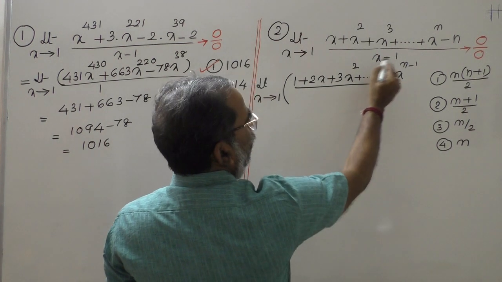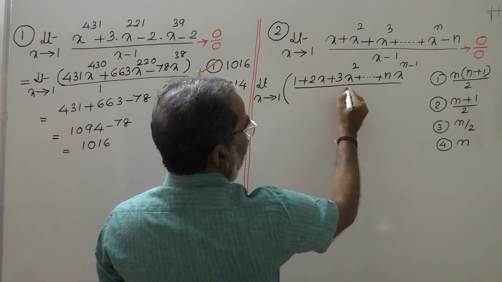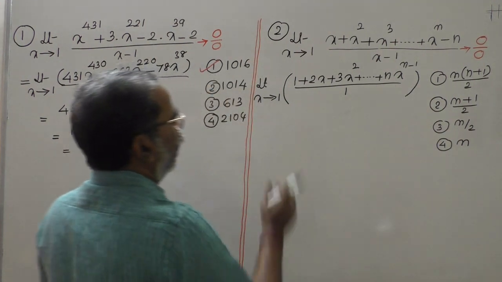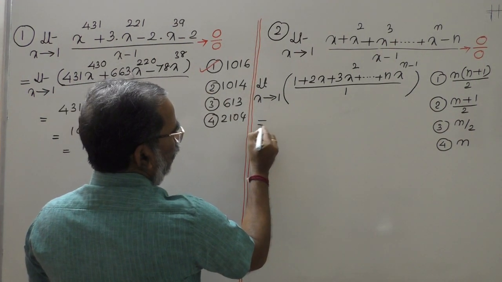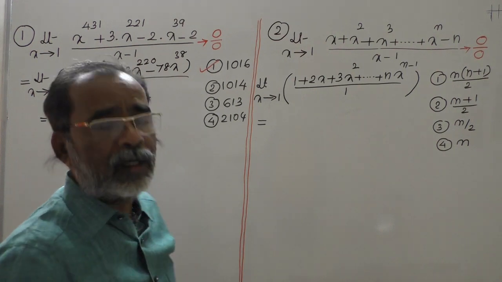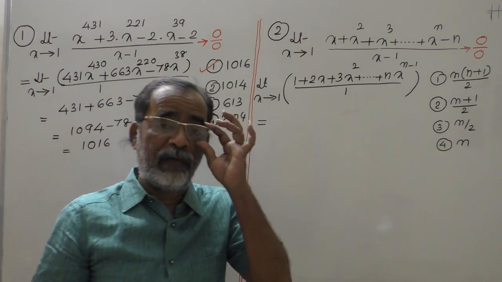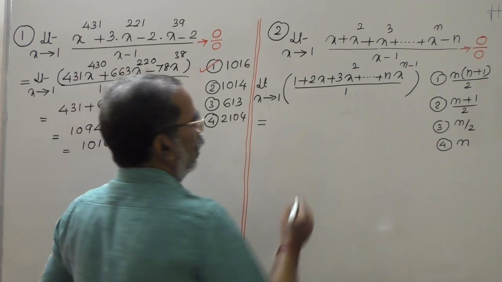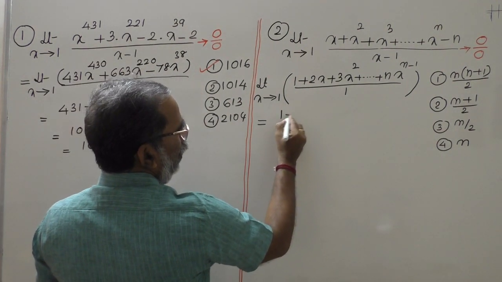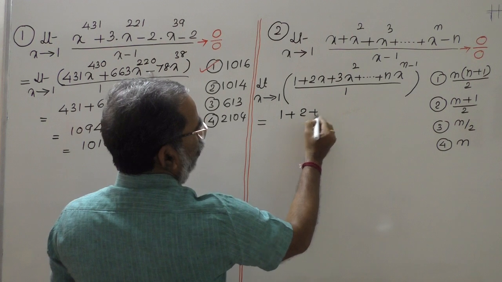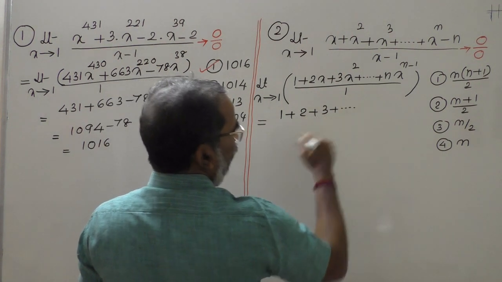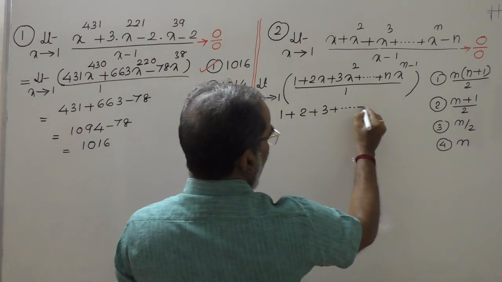In the denominator, x minus 1: the derivative of x is 1, and of the constant is 0. We have differentiated numerator and denominator separately, which means we have used L'Hospital rule. Now we will substitute the limit. Putting x equal to 1, this is 1 plus, they all become 1, x square, they are all 1.